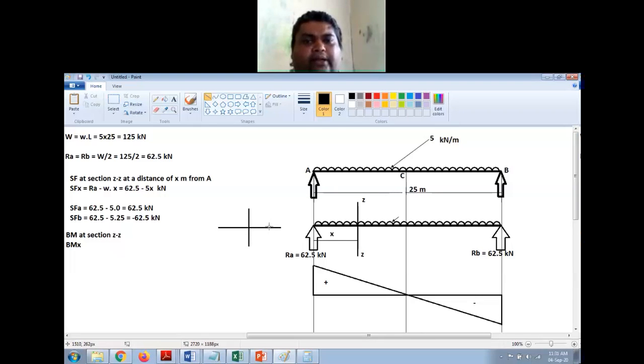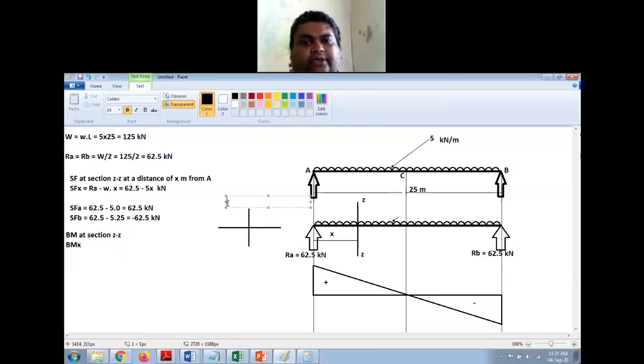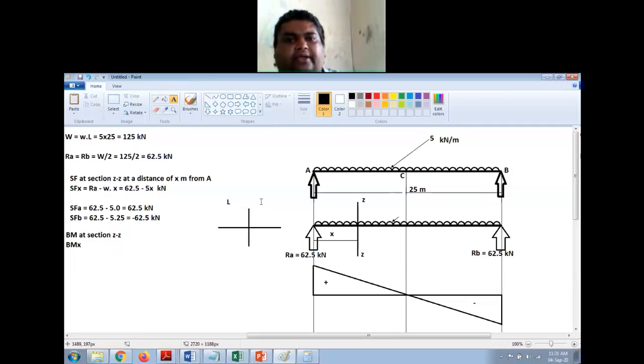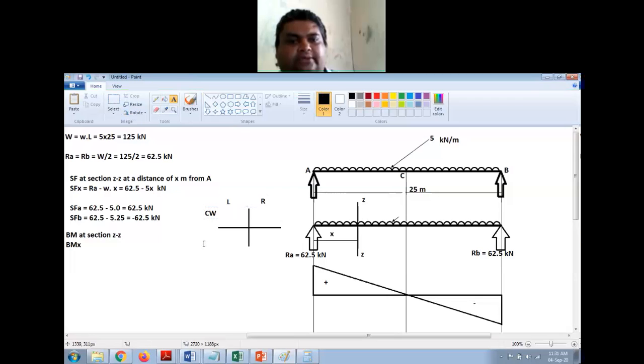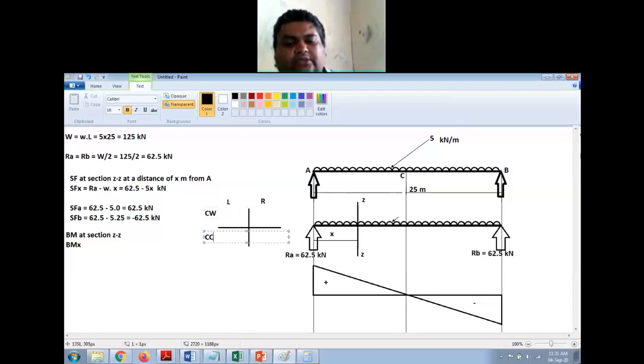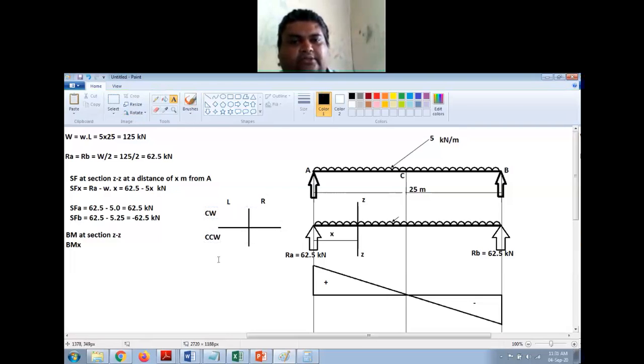So you draw a plus sign like this, and on this you write left, here you write right, here you say clockwise, and below this is counterclockwise, right? Now left side clockwise is always positive, remember this, right?